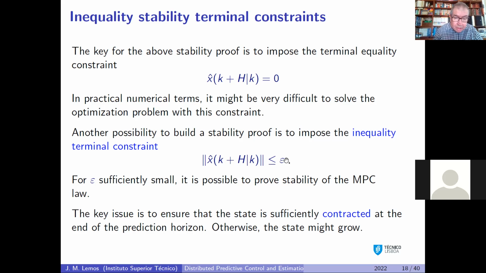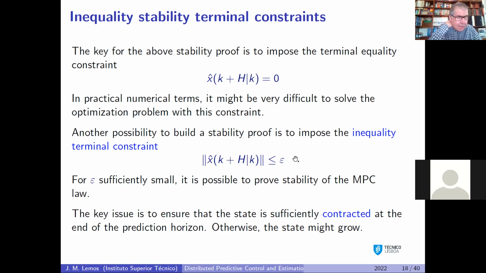But if epsilon is small enough, then you can prove stability. Okay, and you can also extend these results to the situation in which you don't have a perfect model of the plant. So this form of the stability constraint is much easier for numerical solvers to deal with also.